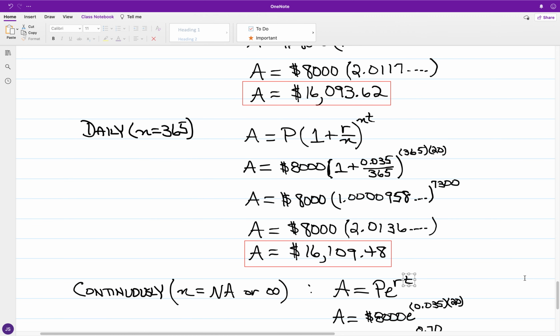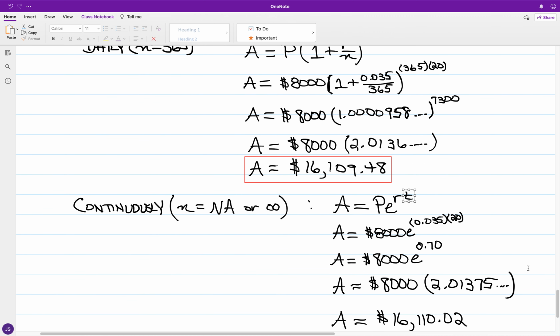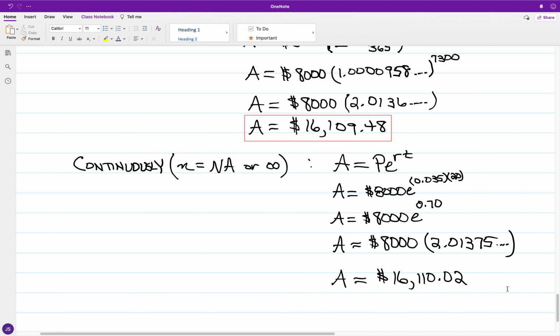And daily is almost the max, but if you notice the difference, you have just like 54 cents difference as you go from daily to continuously. So as you get closer to the continuous, it's like you're maxing out for the most part, and as you get closer and closer to infinity, it's like going from daily to non-stop.